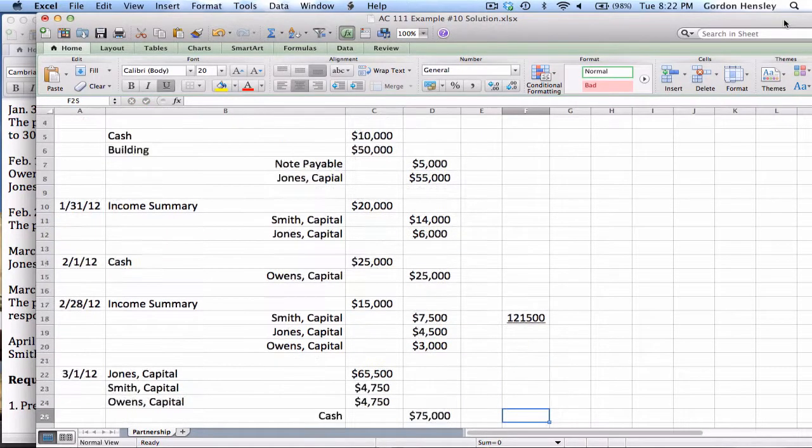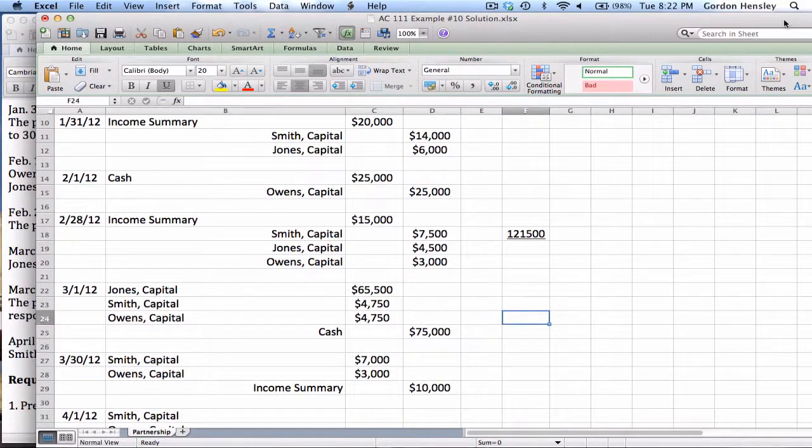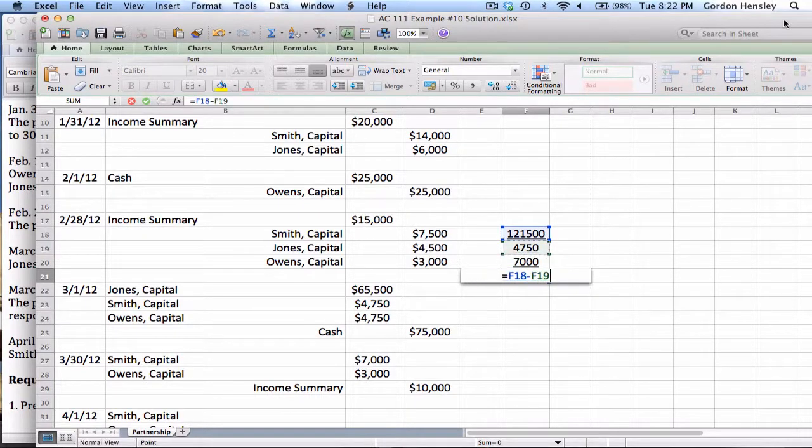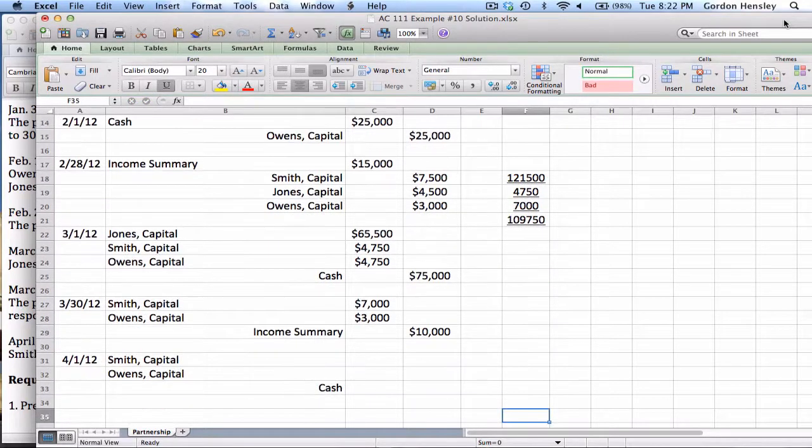So that's 121,500. But then Smith lost 4,750 and lost 7,000. So 121,500 minus 4,750 and minus 7,000 is 109,750.